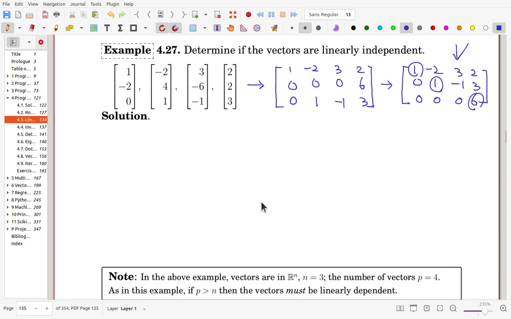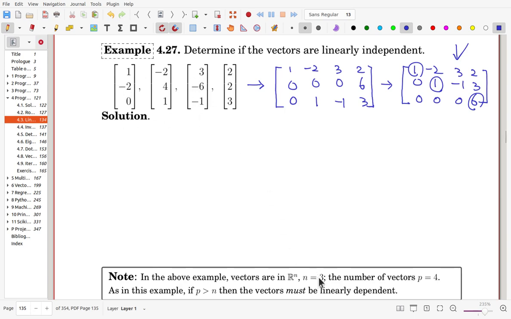It should be, because in R^3 we can have a maximum of 3 pivots, but there are 4 columns, so at least one column must be a non-pivot column, right? And the number of pivots cannot be larger than the number of rows.